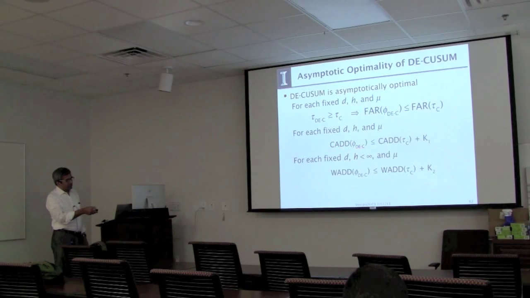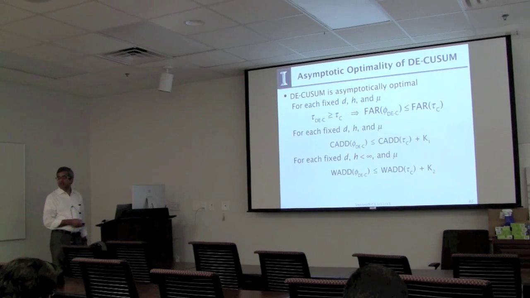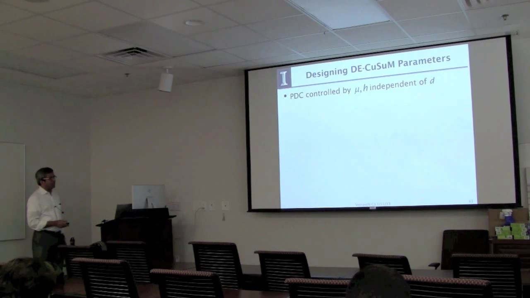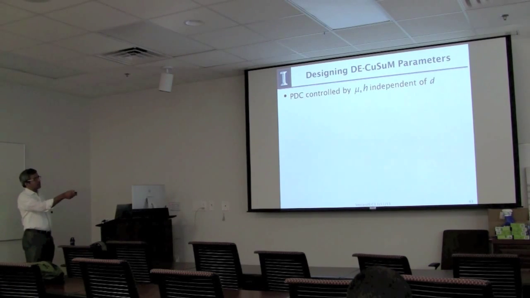You can show that the difference between the delay for the data efficient test and the original Q-sum test can at most be some constant. And again, one can choose a constraint on the PDC using these parameters, mu, the slope and the negative h parameter, independent of the upper threshold.